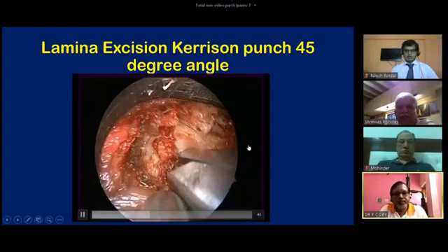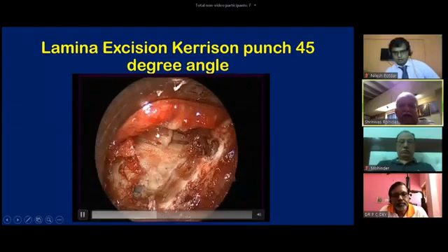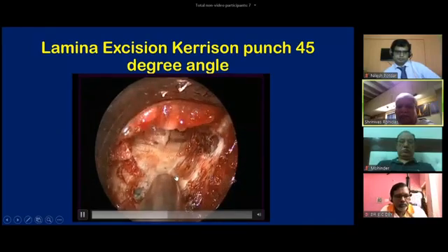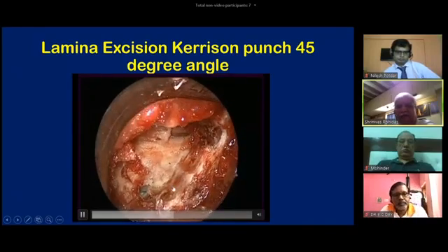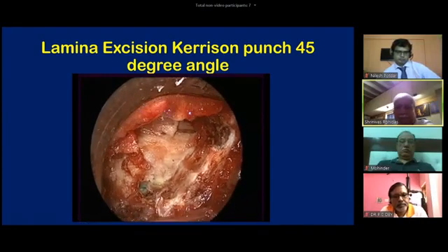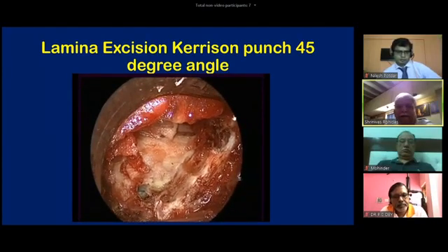No, it's okay. This is cranial, caudal, medial and lateral. We remove part of the lamina. This is the midline. Now this is with the HD camera. This is the midline.